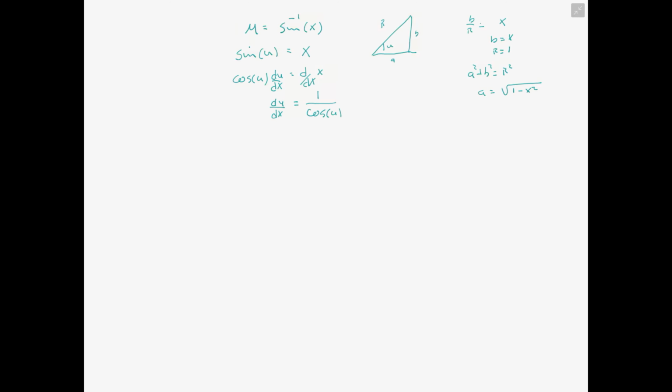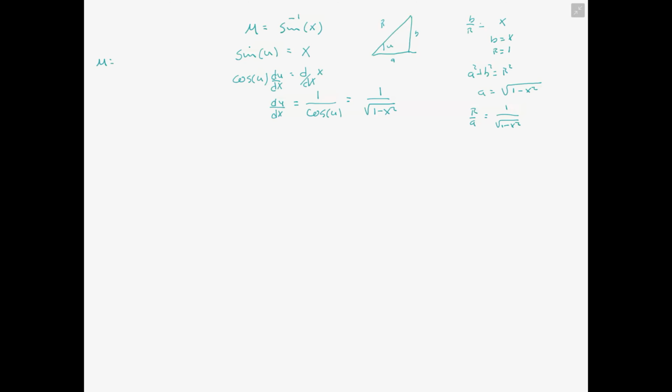That's the secant. And the secant is r over a, and that's 1 over the square root of 1 minus x squared.